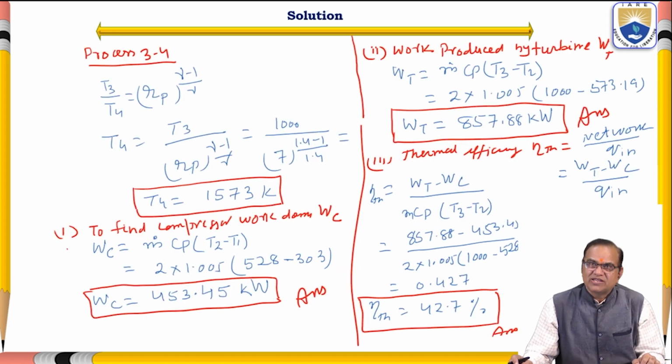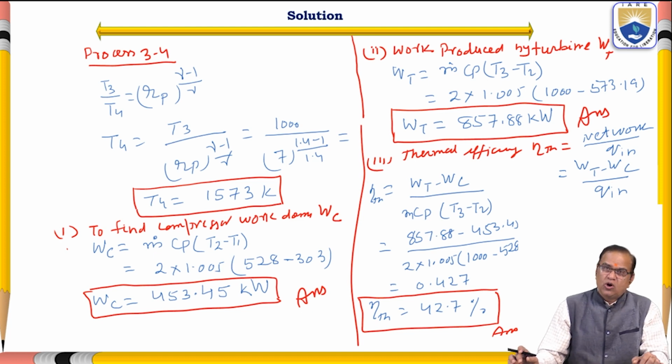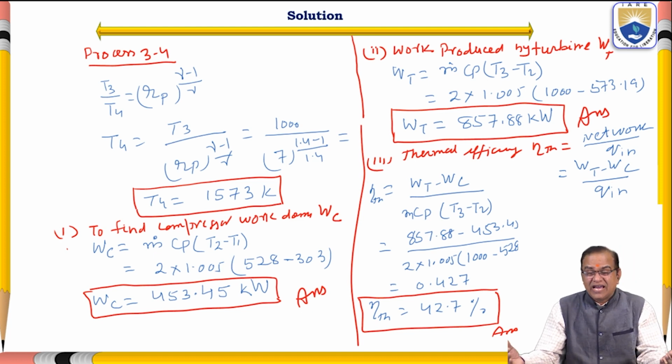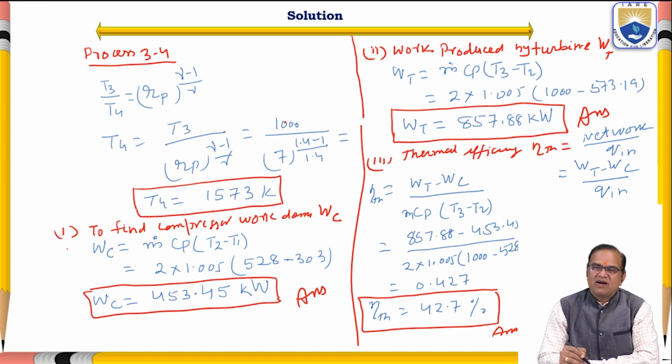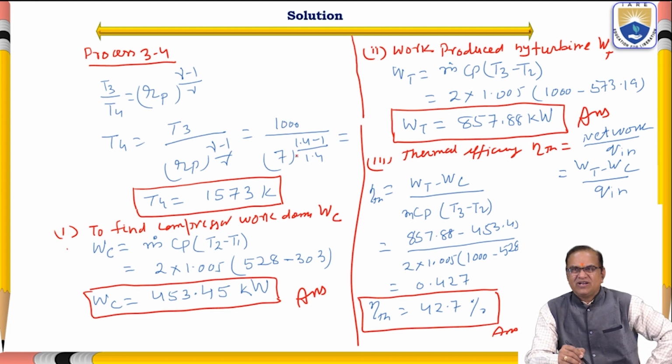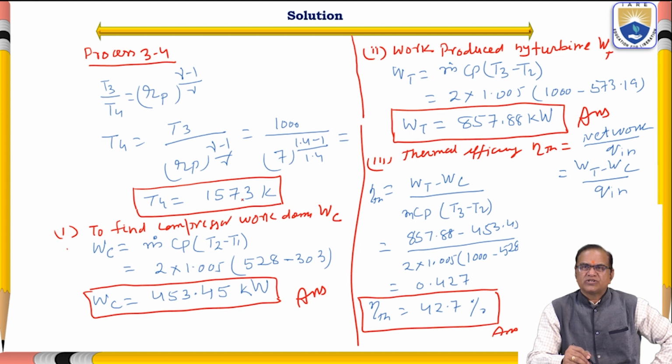Now we go for process 3 to 4, after 1 to 2 and 2 to 3. It is again an isentropic expansion, so we can use T3 by T4 is equal to Rp to the power (gamma minus 1) by gamma. So T4 is equal to T3 divided by Rp to the power (gamma minus 1) by gamma, 1000 divided by 7 to that power. You will get T4 is equal to 1473 Kelvin.